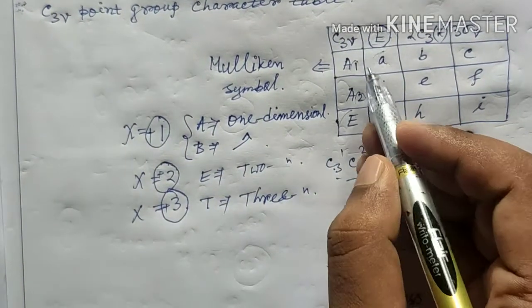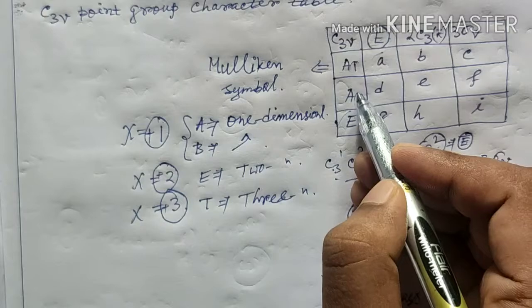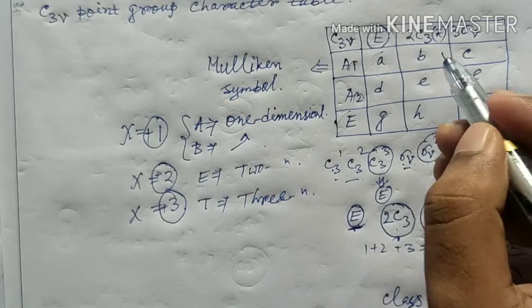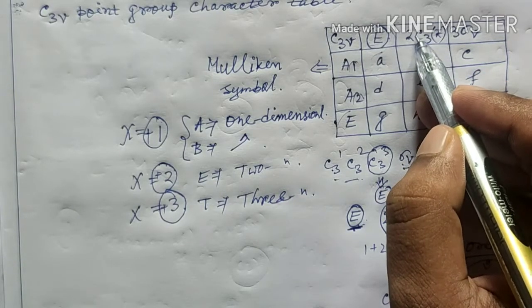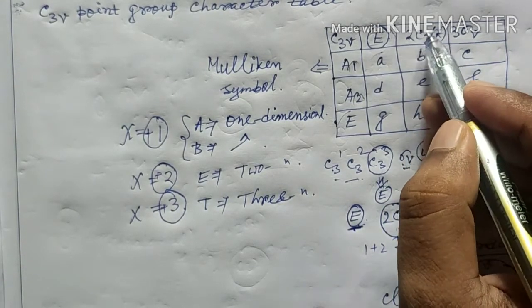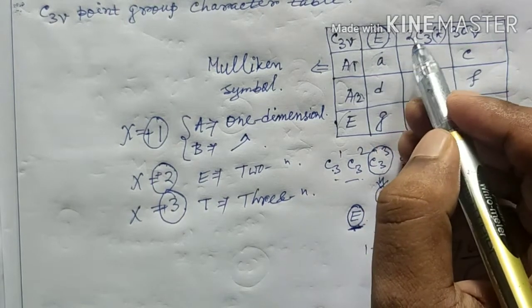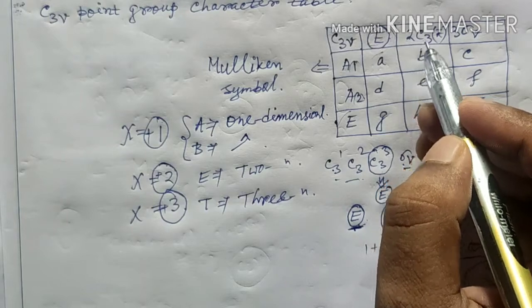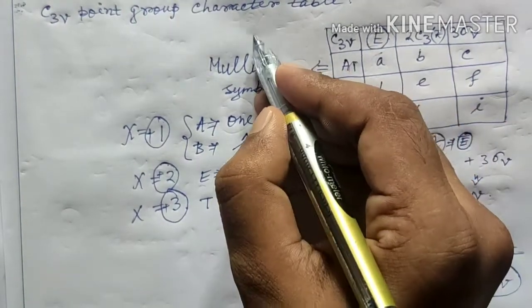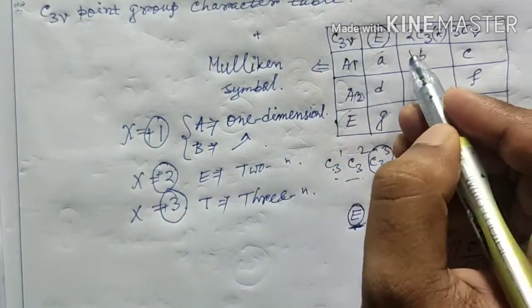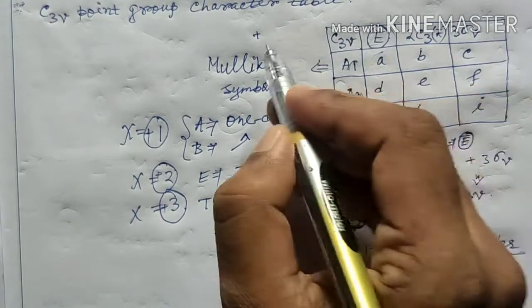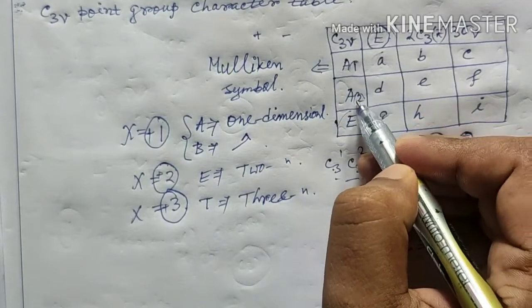One more thing: the subscripts 1 and 2 come depending on the character of the symmetry operations other than the principal C axis. If there is a perpendicular C2 axis, then if the character corresponding to the C2 axis perpendicular to the principal axis is positive, it will be 1, and if it is negative, it will be 2.